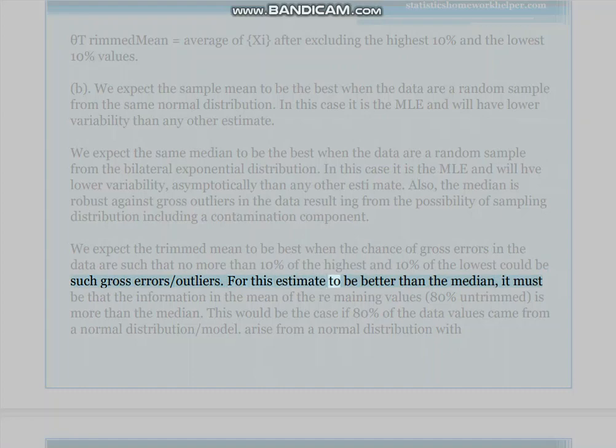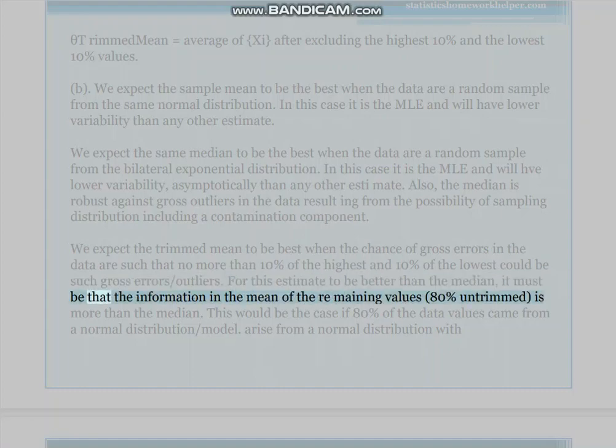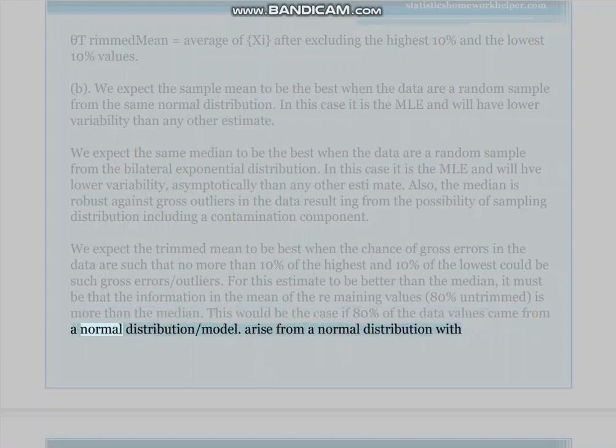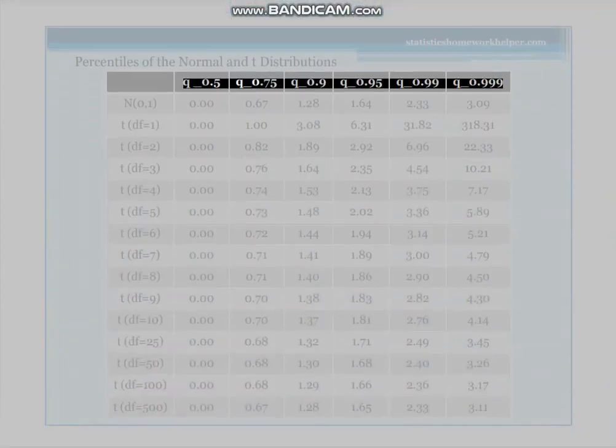For this estimate to be better than the median, it must be that the information in the mean of the remaining values, 80% untrimmed, is more than the median. This would be the case if 80% of the data values came from a normal distribution.